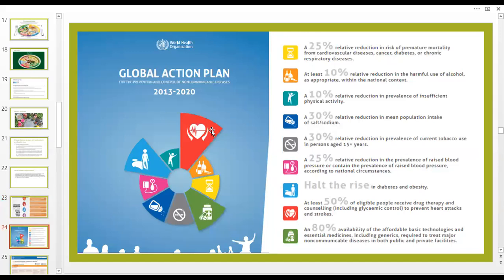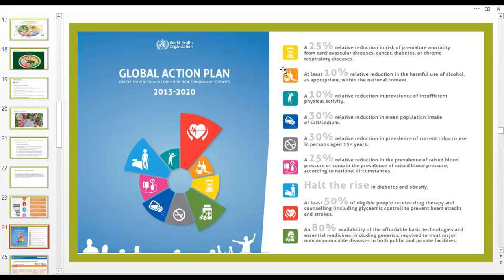Now, as there's a rise in non-communicable diseases due to diet and physical activity, WHO has another program, the Global Action Plan for Prevention and Control of NCDs, which are non-communicable diseases.